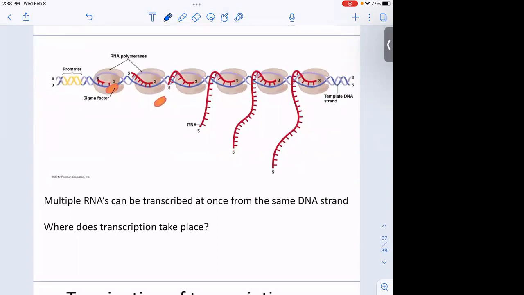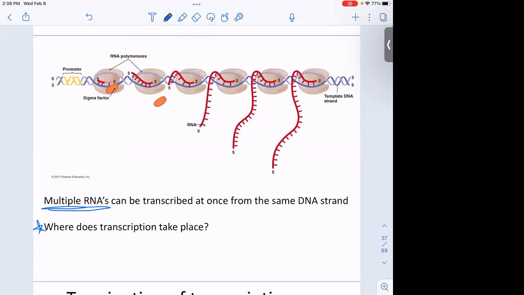I want to mention that in prokaryotes, well, in eukaryotes as well, multiple RNAs can be transcribed at the same time. As long as you've got more copies of RNA polymerase, they can just come down and keep transcribing that same gene over and over again. And think about also where transcription takes place.